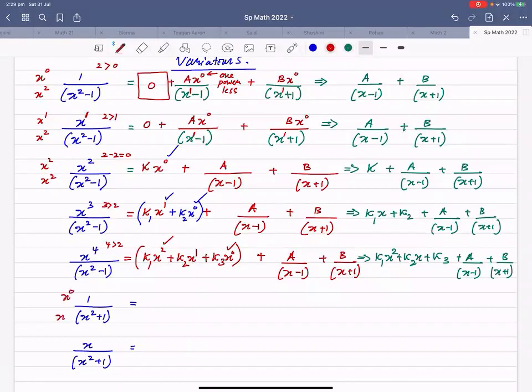Here x0, here x2. So 0 is less than 2. Right? So now what to do? Can you write that in partial fractions here, guys? Can you write this one like x minus 1, x plus 1 or something? No, sir. No, you can't, right? You can't write it because it doesn't make sense.